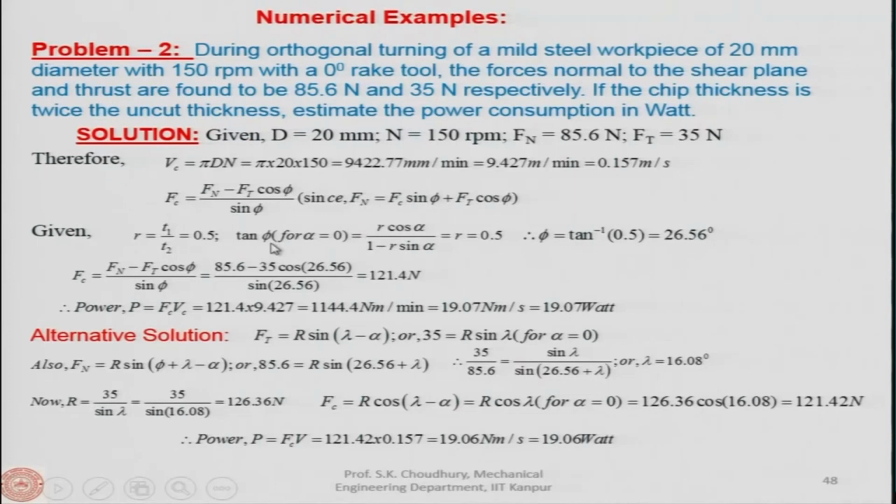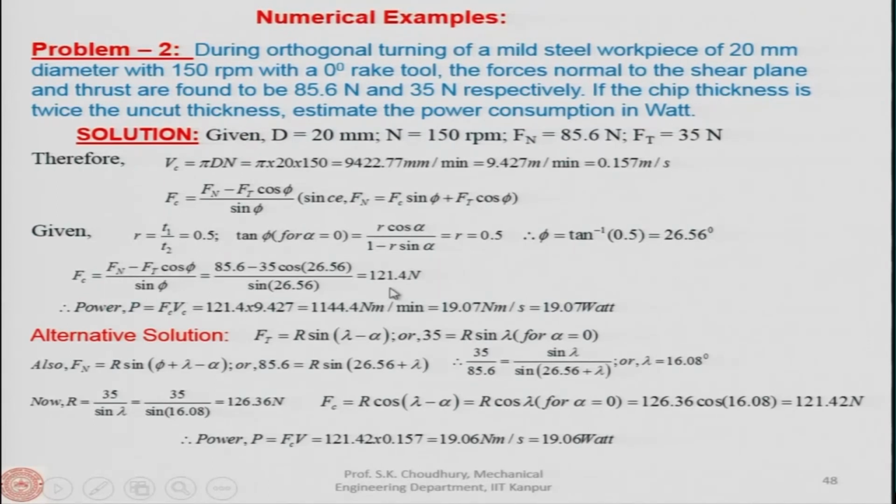So, therefore, tan phi, this is for alpha equal to 0 here, will be from this formula, r cos alpha divided by 1 minus r sin alpha, this will be r because alpha is 0. So, tan phi is coming out to be 0.5. So, phi is 26.56. Then we can find out the Fc value, because all other things are now given, Fn, Ft given.